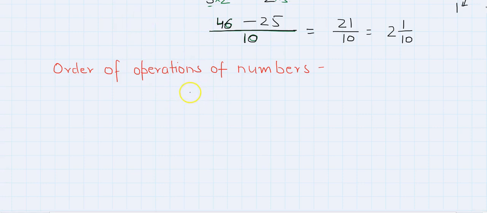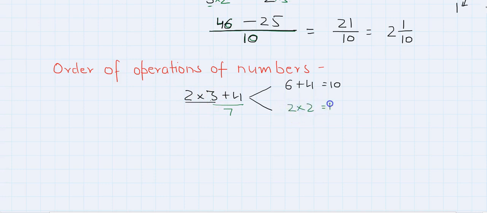Suppose a number is given: 2 multiply 3 plus 4. It may have two answers. 2 multiply 3 is 6 plus 4, that is 10. The second answer is 3 plus 4 is 7 multiplied by 2, that is 14.